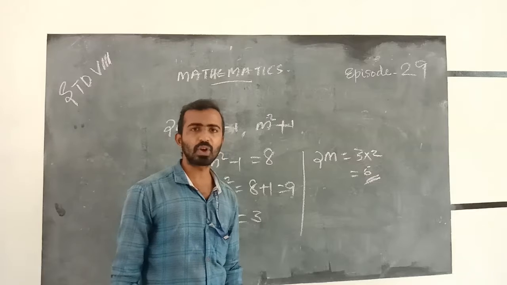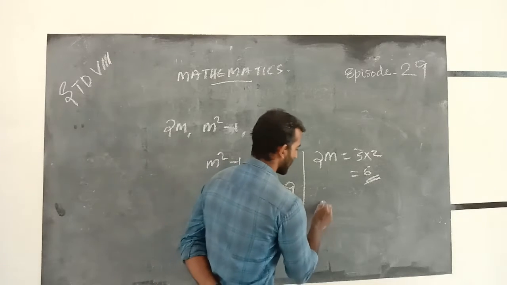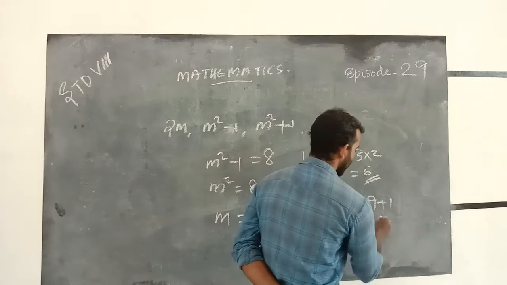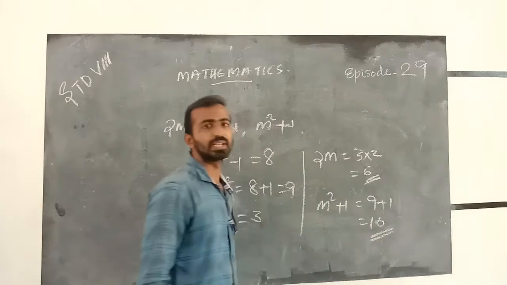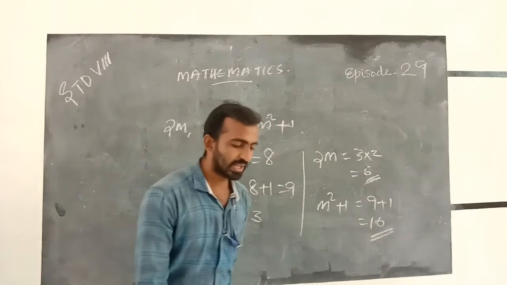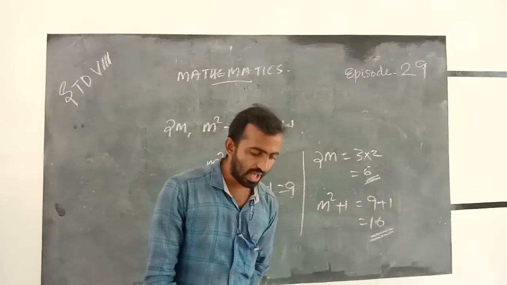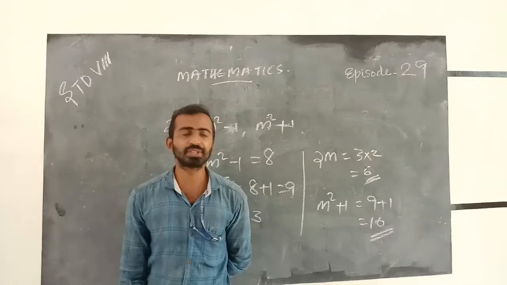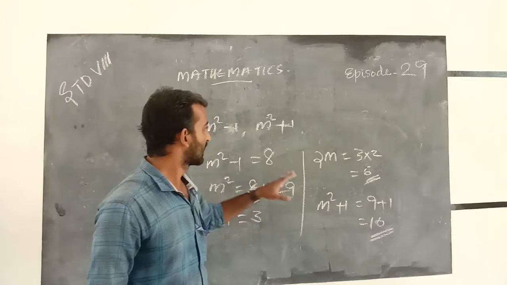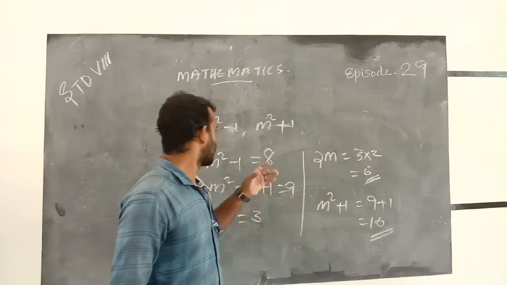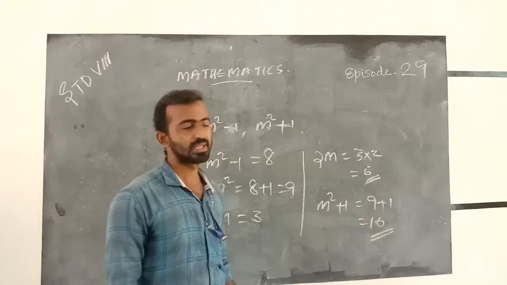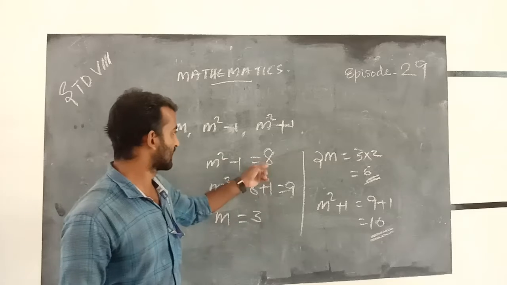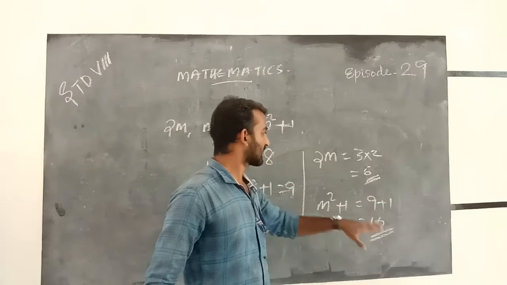Next, m square plus 1 is 9 plus 1, which is 10. So the triplets are 6, 8, 10.